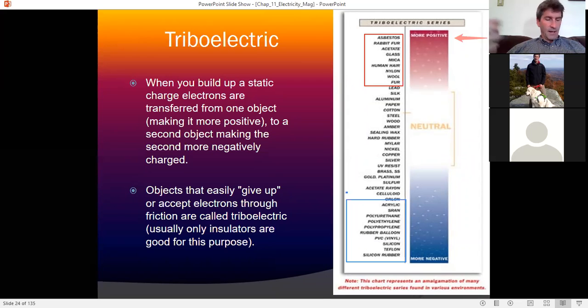PVC, polyvinyl chloride, silicon, Teflon, and silicon rubber. So if I comb my hair with a brush or comb that has one of these plastics in it, I will tend to transfer the electrons from my hair to that comb and basically charge it up.